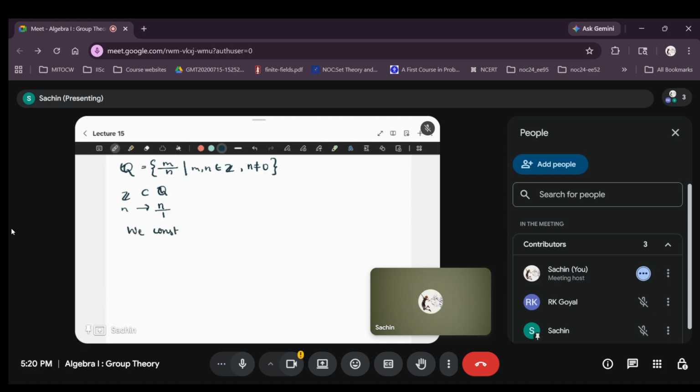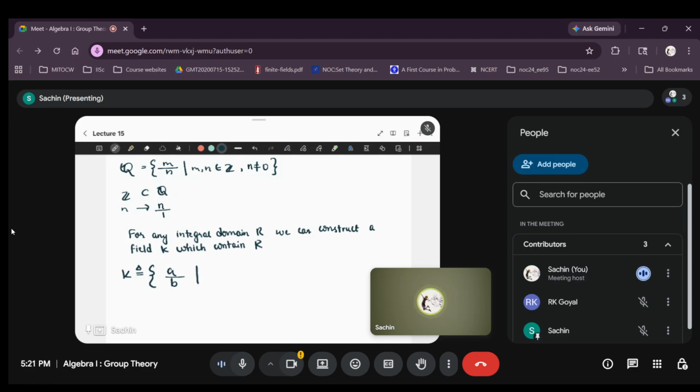So for any integral domain, we can construct a field K which contains R, and we define K to be the set of all elements of the form A by B. It doesn't mean that we are dividing A by B; it is simply a notation.